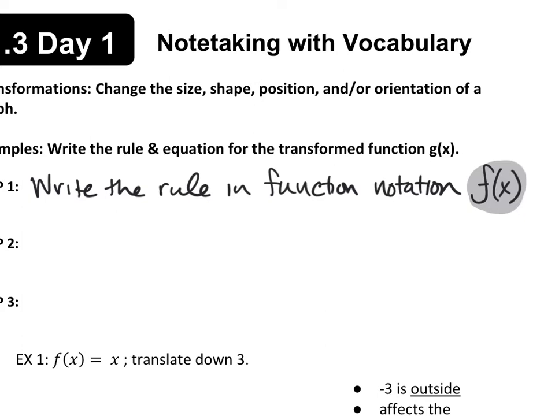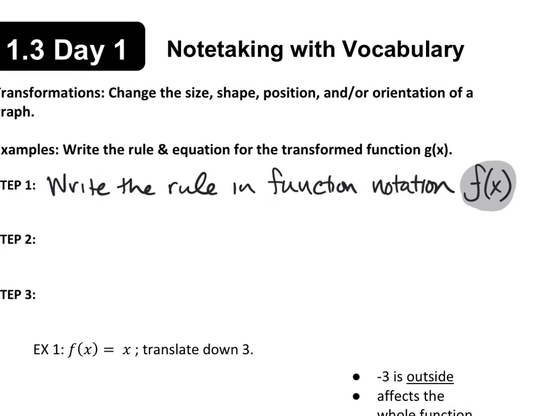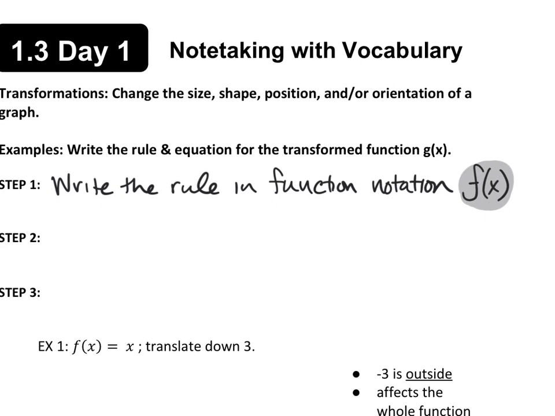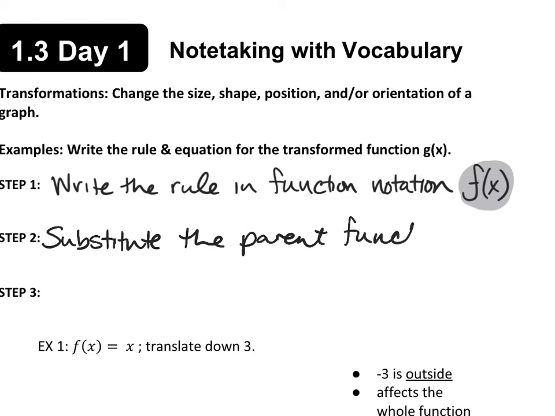Step 2 is to substitute in the parent function. So we're going to substitute or replace the parent function. And then the third step, which sometimes, especially today, we won't really have to do this step. This will be helpful really pretty much next time, is we're going to simplify, again, if we need to.